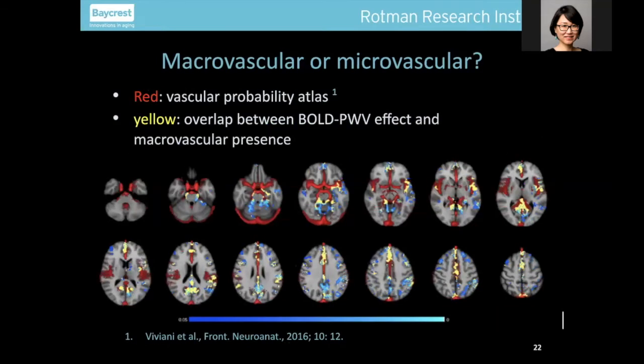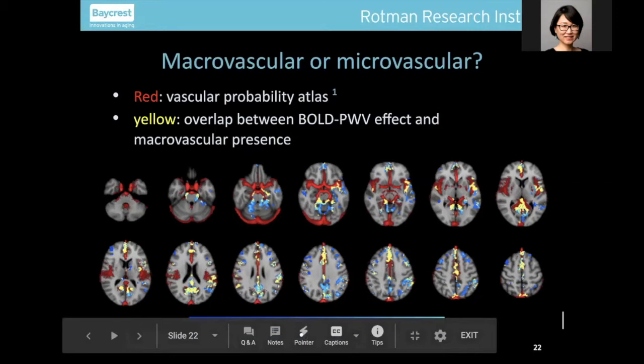There's definitely a case to be made for the microvasculature to be the most vulnerable to undampened pulse waves coming from the heart. So we have our macrovascular stiffness measures, and we tried to look at the dependence of our previously observed BOLD signal effects on the size of the vessels. To do this, we got the large vessel atlas.